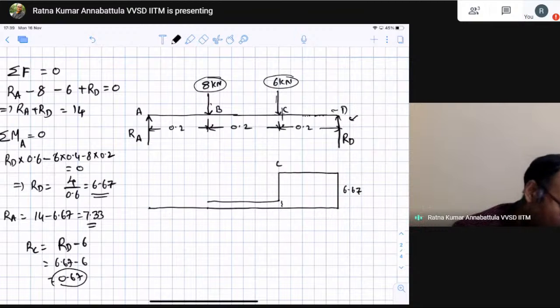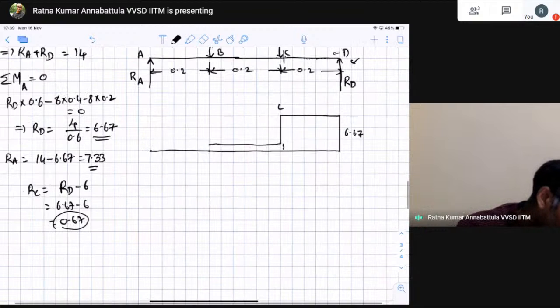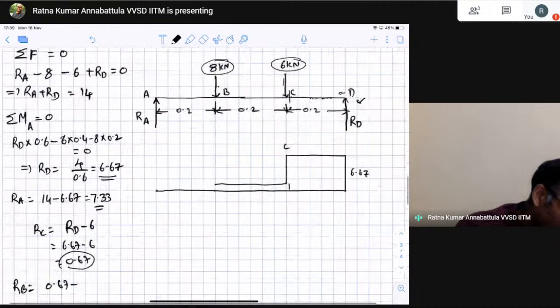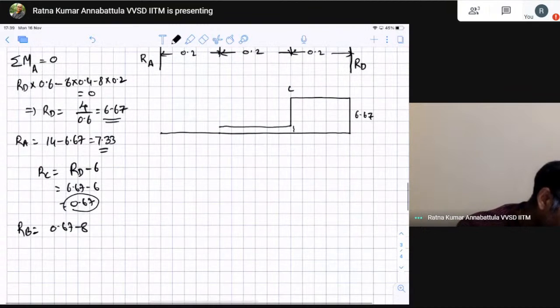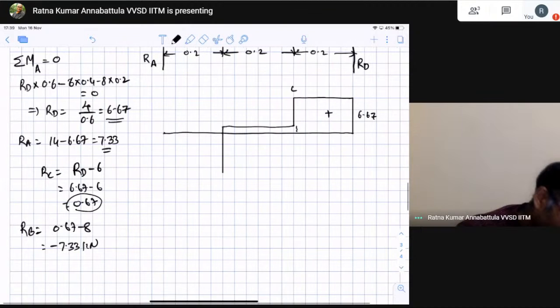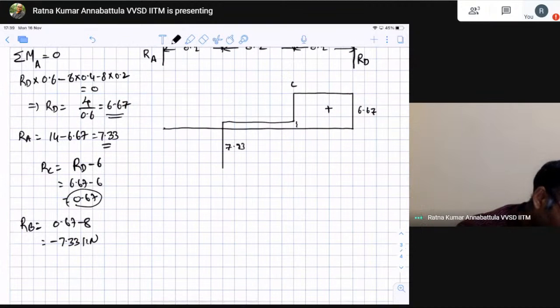Okay, but at B, RB is equal to 0.67 positive minus, because it's in the downward direction, minus 8. That becomes minus 7.33 kilonewtons. So because this is positive, I am going towards the negative direction, and minus 7.33 will be a little bit more than this height. That is my 7.33.